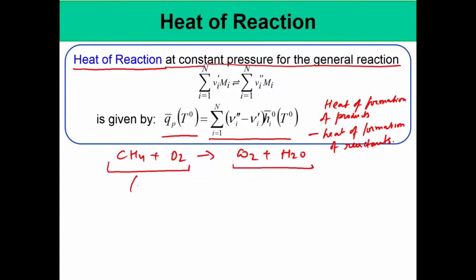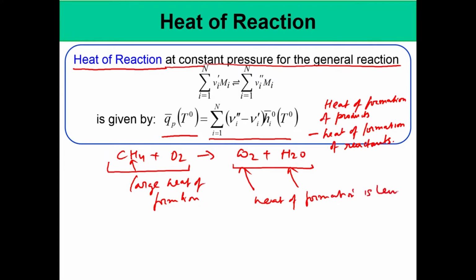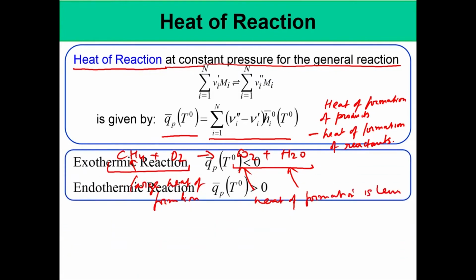It is because CH4 had a large heat of formation, which it has given up by the combustion reaction, and this has now been absorbed by the CO2 and water in the form of sensible heat, which has raised their temperature. But you must know that the heat of formation of these products is less, and that is why the reaction is exothermic.